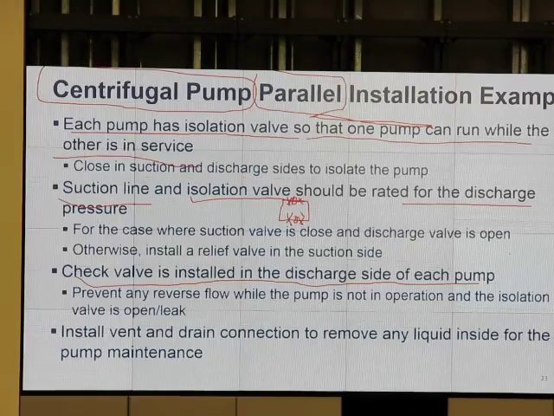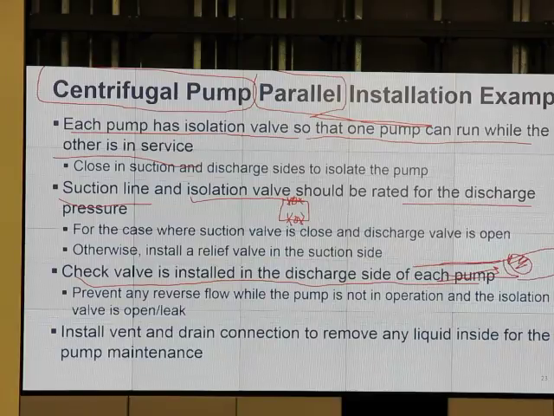So it is like a lid, okay, a lid. When we flow in one direction, the lid opens and we can flow. When we try to flow back, it cannot. Okay. That's the check valve.